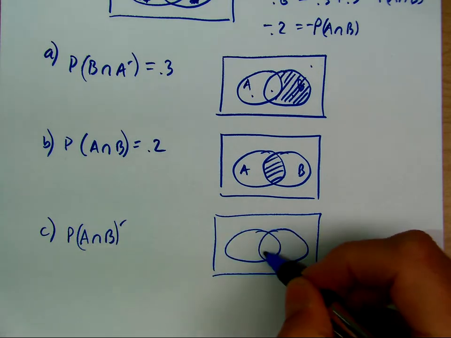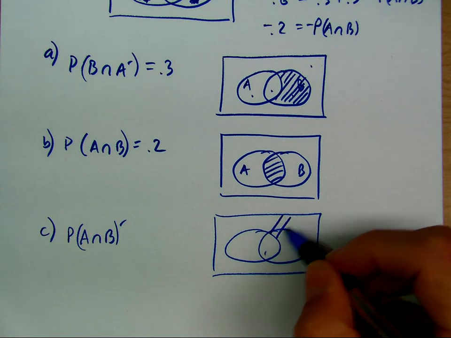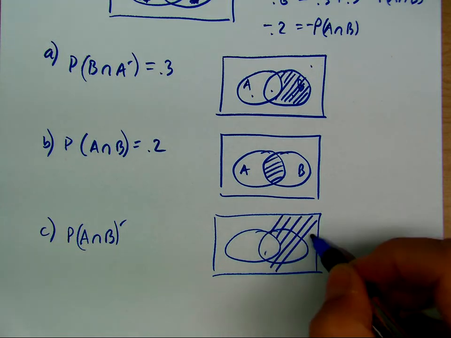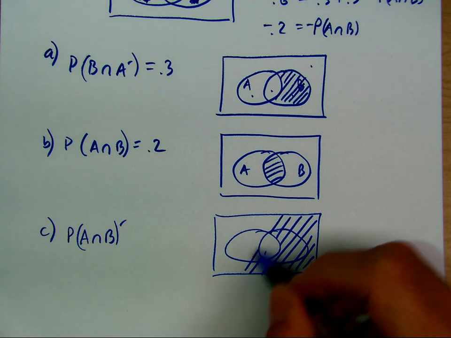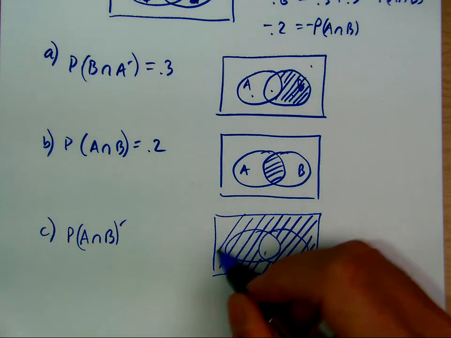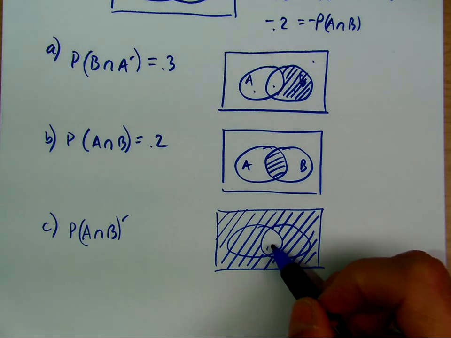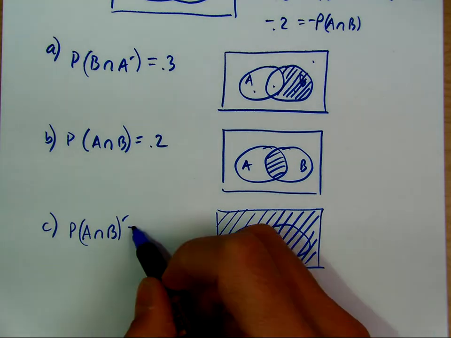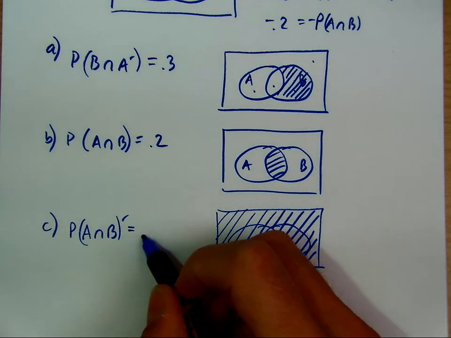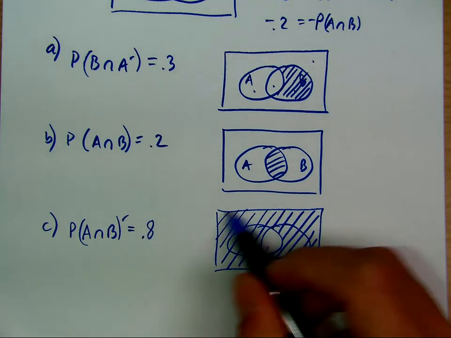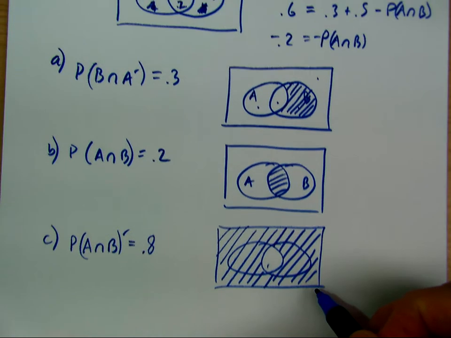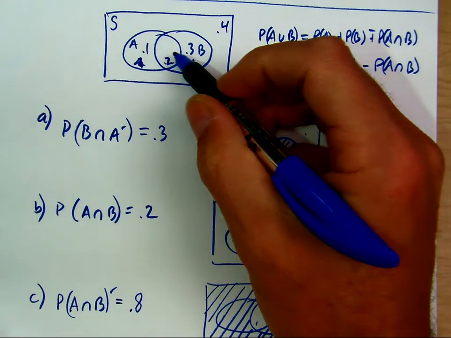Here's the intersection, and we want everything outside of the intersection. We know the intersection is 0.2, so that means everything else must be 0.8 because it all has to add up to 1. We could also just say it's 1 minus 0.2, and we get 0.8.